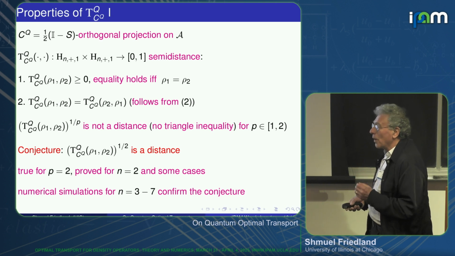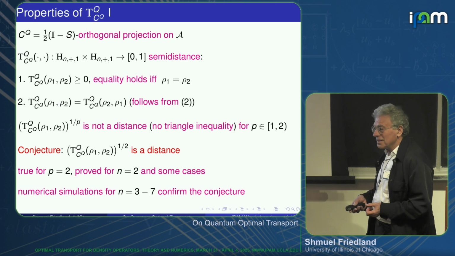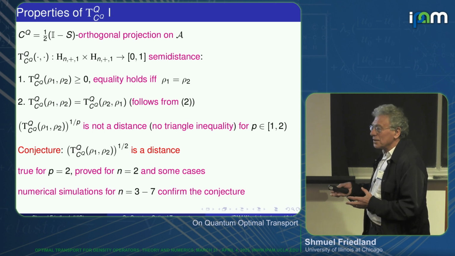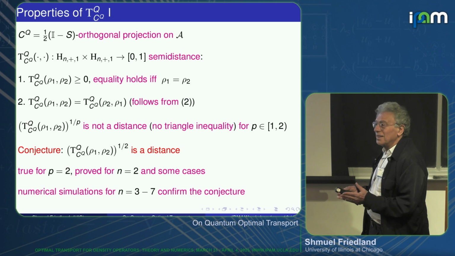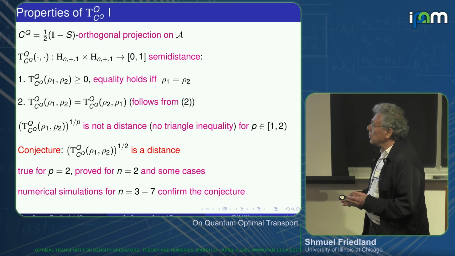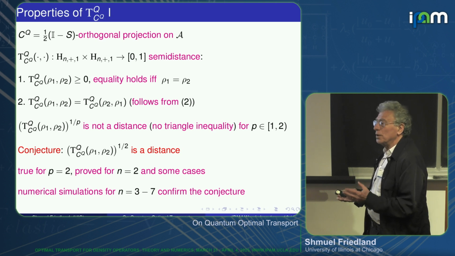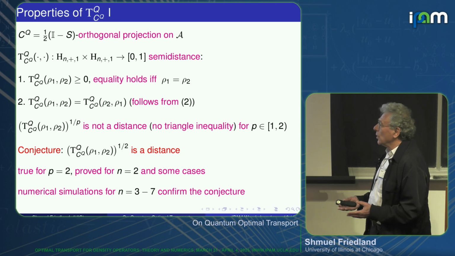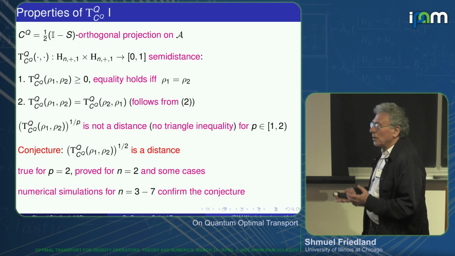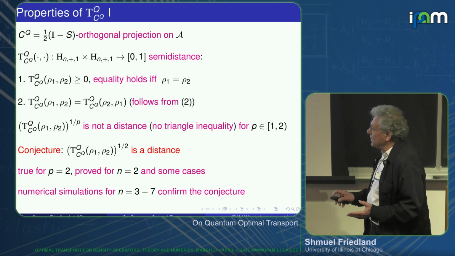So again, why is it important to have a distance? Well, because you want somehow to compare, let's say, row A and row B, how far apart they are. If you want a semi-distance, so TQ is already good enough. If you want a distance, we hope this is enough.